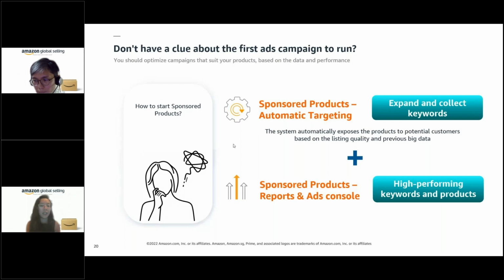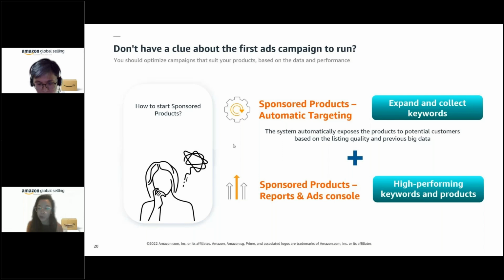Jin Liang must have covered it in the previous sessions, but your listing image quality, the bullet points, etc. need to be fully done. Then I would recommend starting sponsored products automatic targeting, and you just want to collect and farm keywords. Subsequently, you want to take a look at your report for your very first automatic campaign, and find the high performing keywords and products that you've targeted in the automatic targeting campaign.